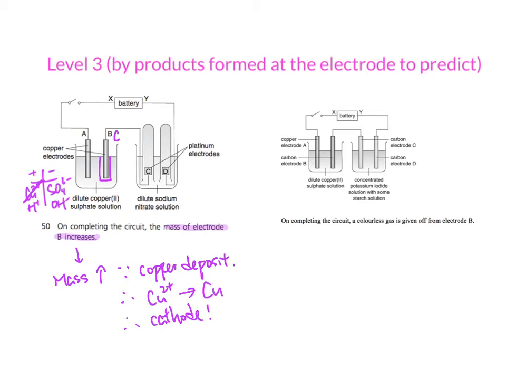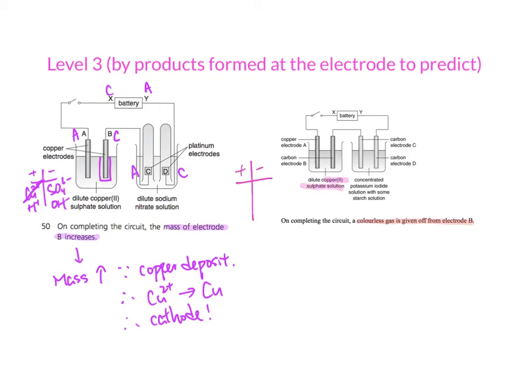After knowing this one is cathode, then we can know the rest by CACA. So this is what we're doing. For the other example on the right hand side, colorless gas is given off from electrode B. Again, you can see that we are having copper 2 sulfate solution.